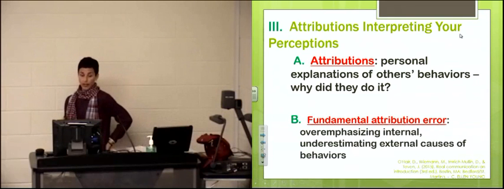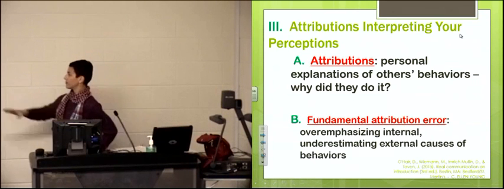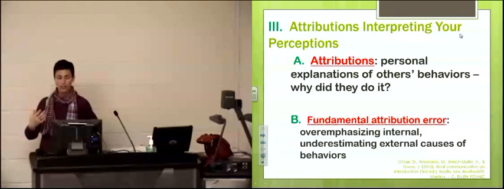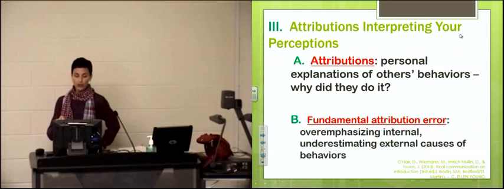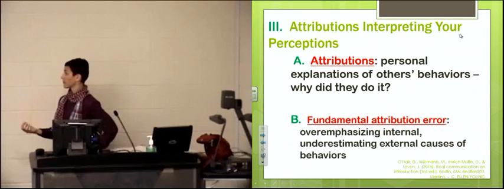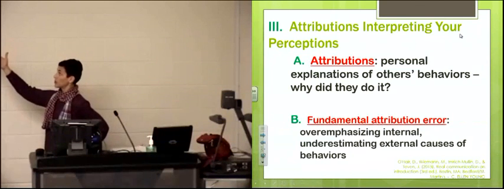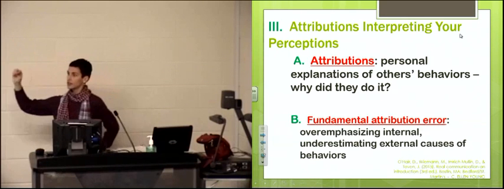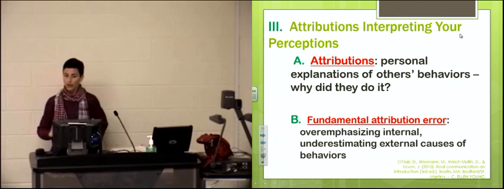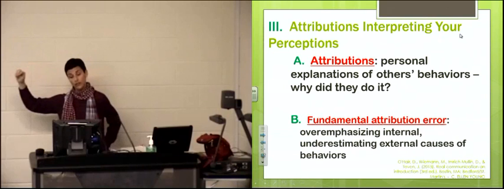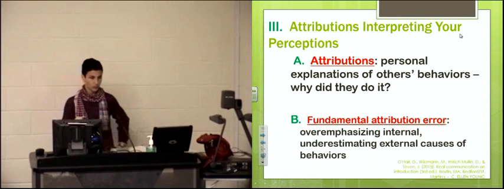The fundamental attribution error, and if you can write down this definition, this is what comes from your textbook, but I have another slide that kind of explains it more. That error is overemphasizing internal and underestimating external causes of behavior. So when we put together our attributions or reasons for people doing things, we will put more emphasis on internal or external. And when we choose to overemphasize internal and underestimate external, that's the fundamental attribution error.